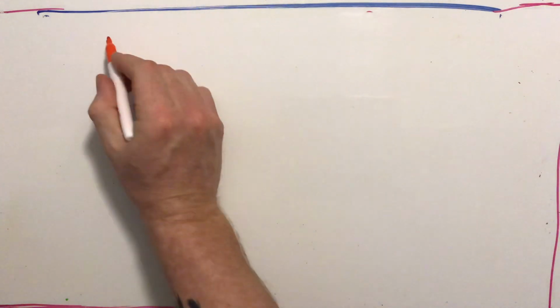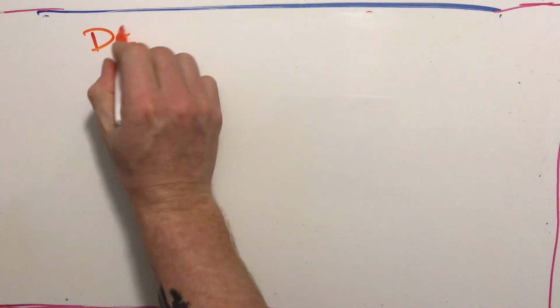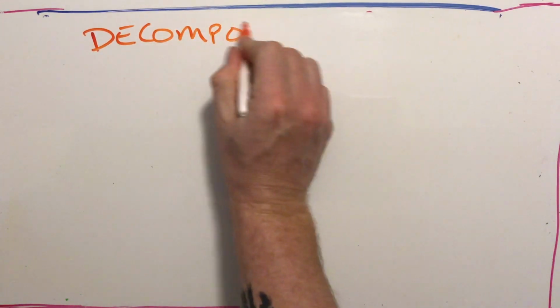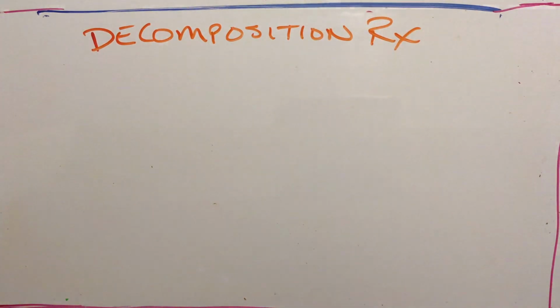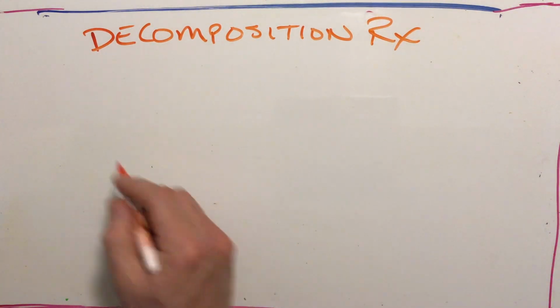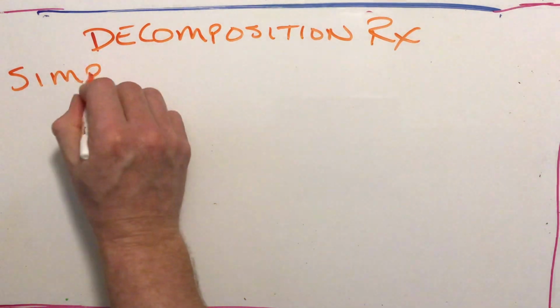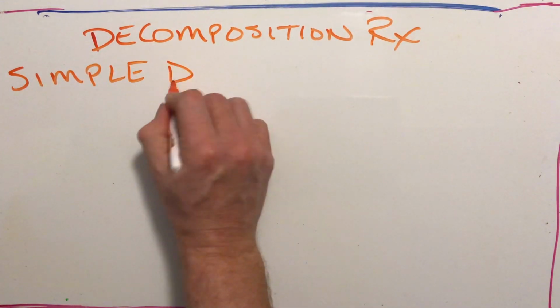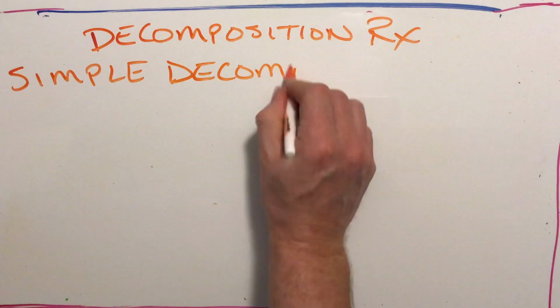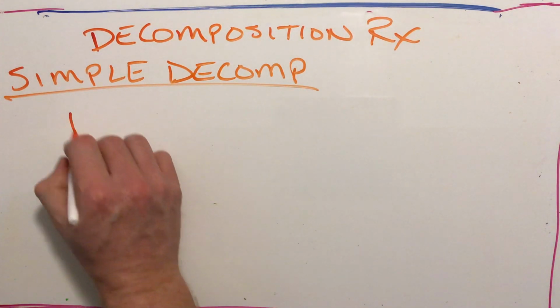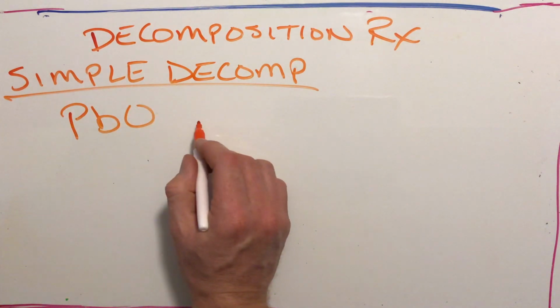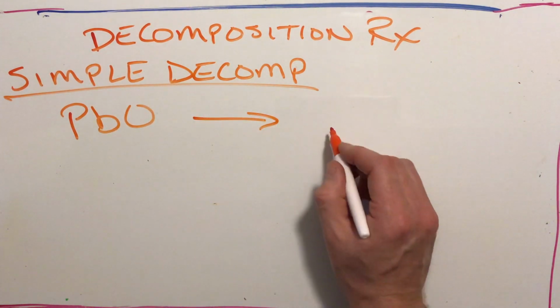All right, so our decomposition reactions. Shorthand for reactions, I use RX. So the first one, simple decomps, right? A simple decomposition reaction. For example, taking lead oxide and breaking it down.